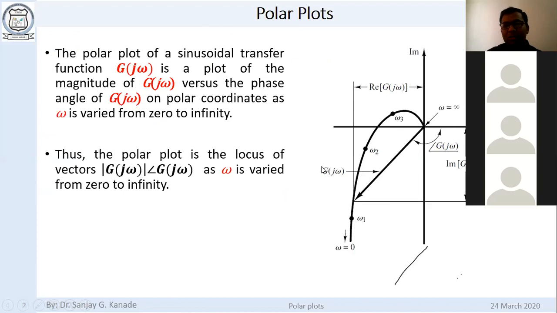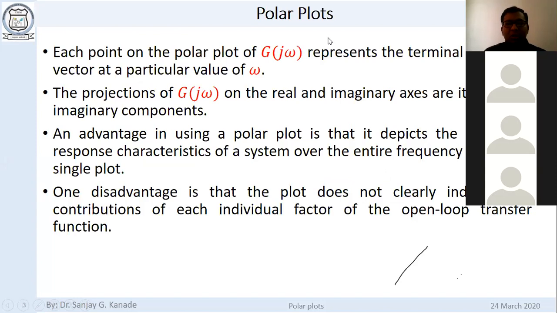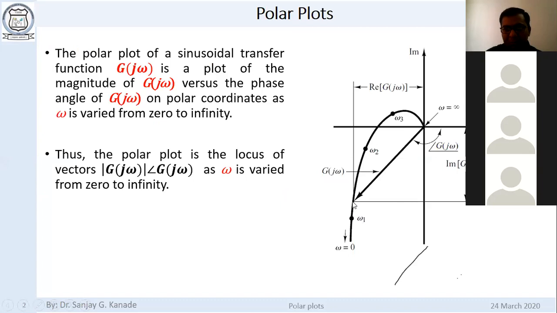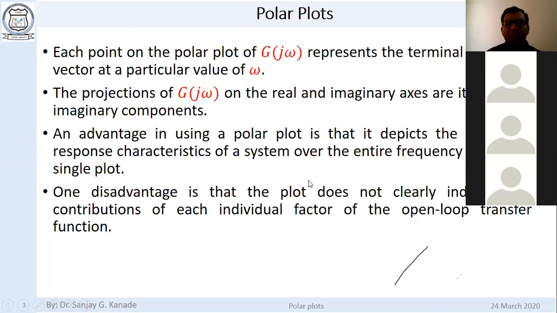It is the magnitude of G(jω), and the angle of this vector is the phase angle of the function G(jω), right? If you project the terminal of the vector onto the two axes, then you get the real and imaginary part of G(jω), right?